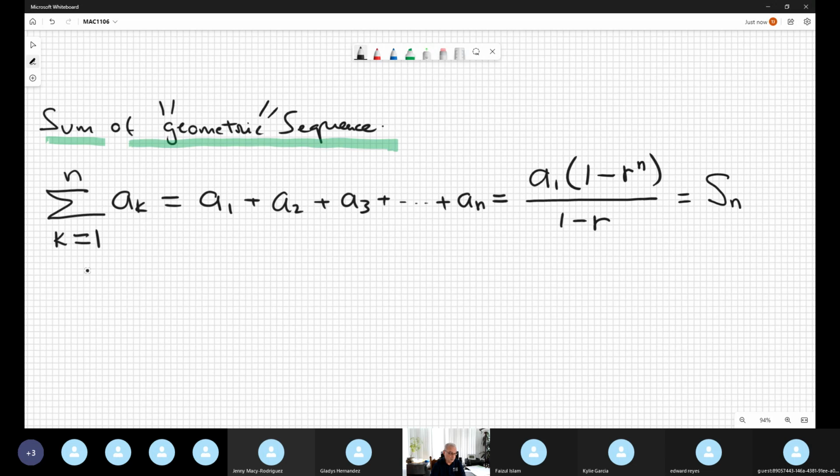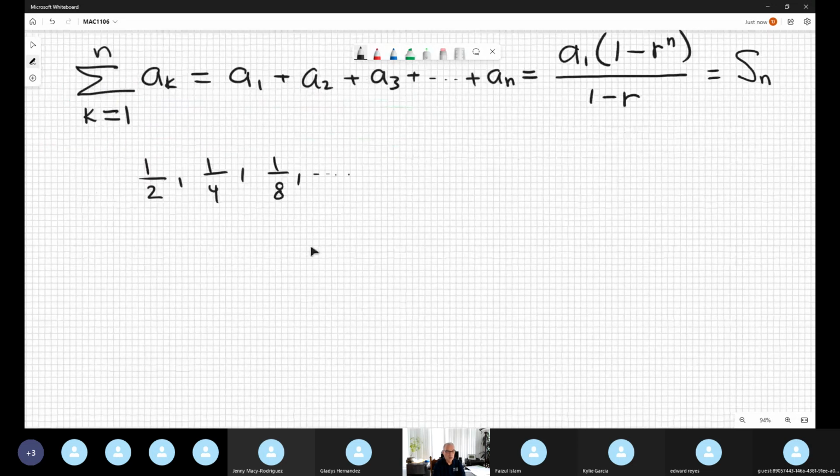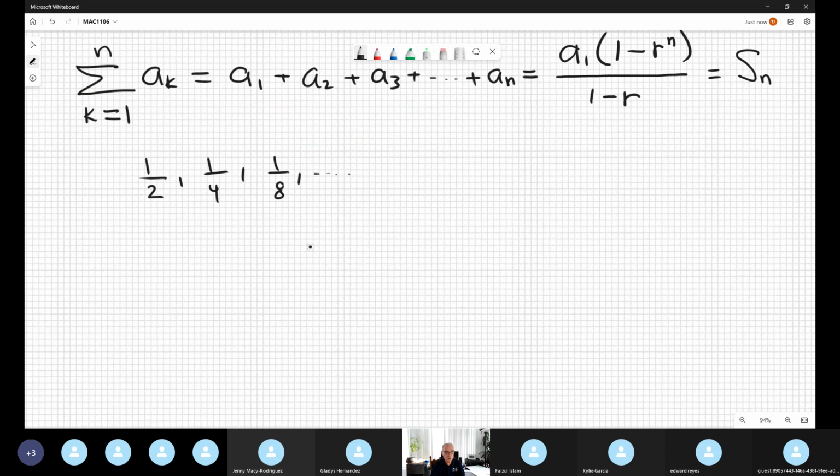And suppose that we have the sequence que we saw before, que es 1/2, 1/4, 1/8, and so on. Now, I discover que es geometric when you are doing the division. I did before. 1/4 divided by 1/2 is 2/4, que es 1/2.